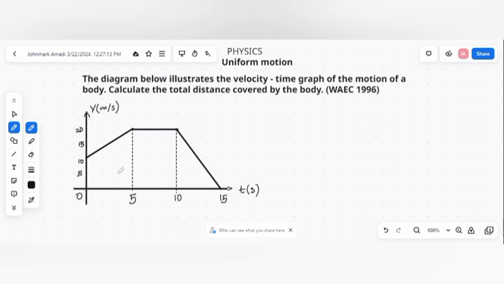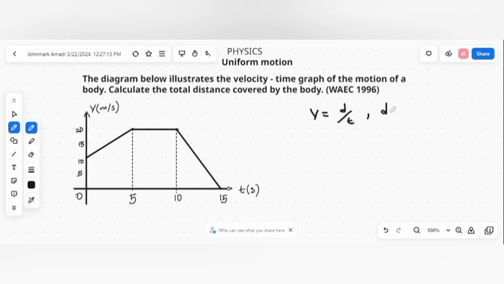So first, looking at this graph, what kind of graph is this? This is a graph of velocity against what? Time. Velocity time graph. And then you know that velocity equals displacement or distance divided by time.